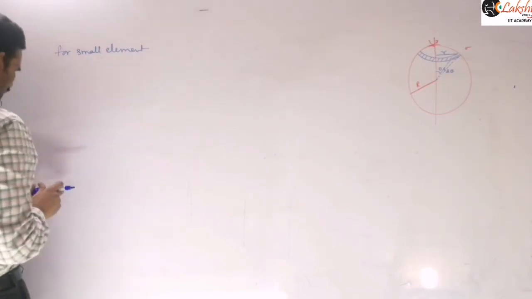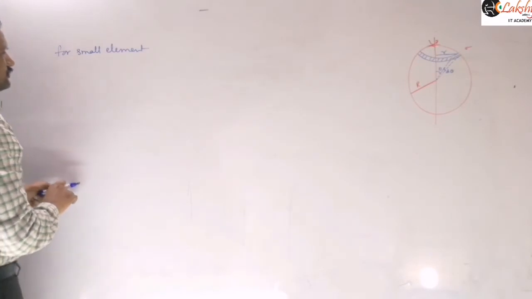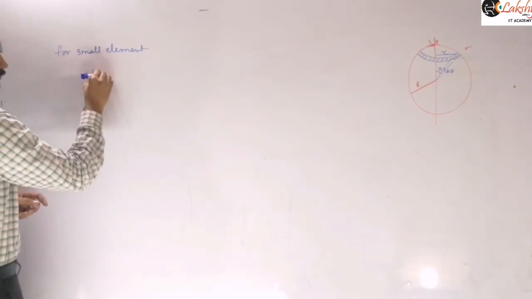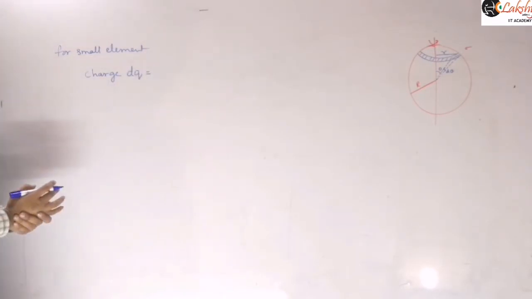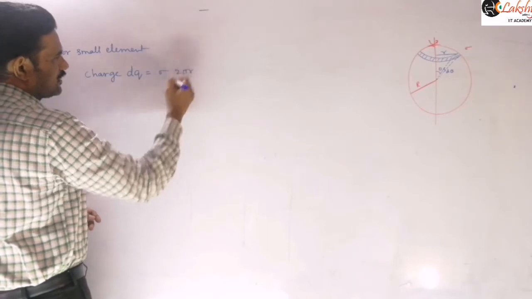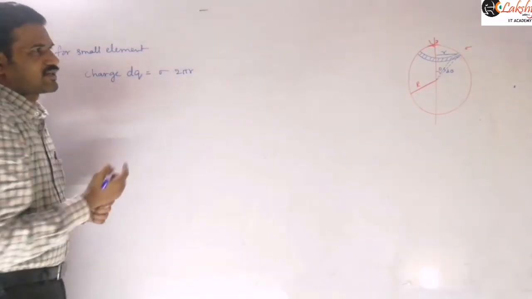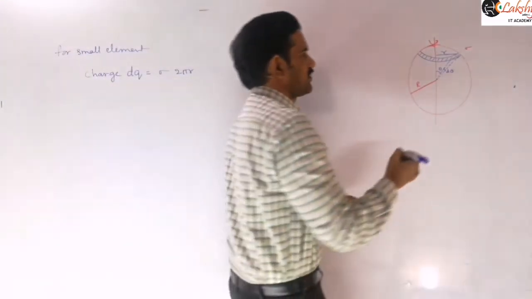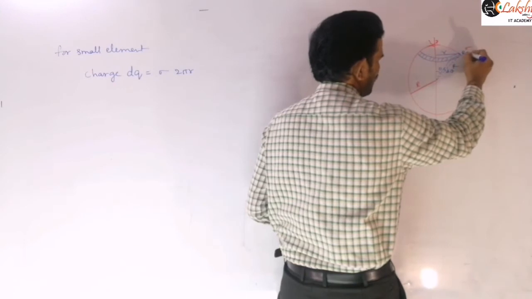For that small element, let us write the charge. The charge dq is equal to sigma into 2 pi r, 2 pi smaller r, into dr. The dr means the width of this element; this radius we are taking as r. So this width you can write as r d theta.